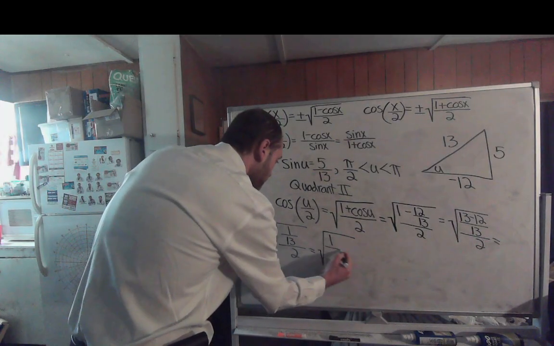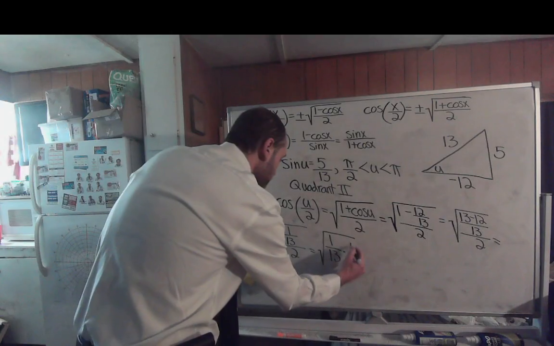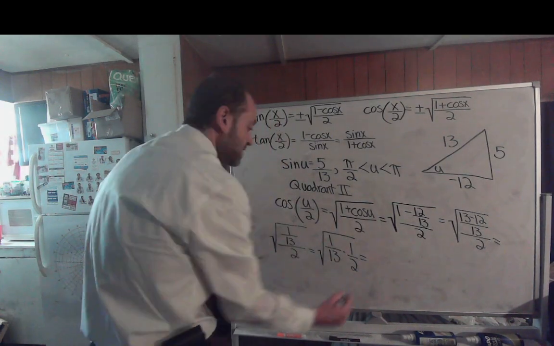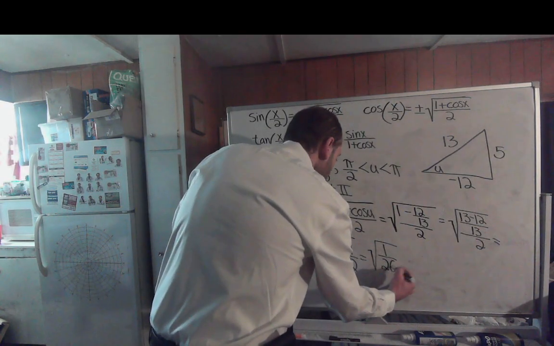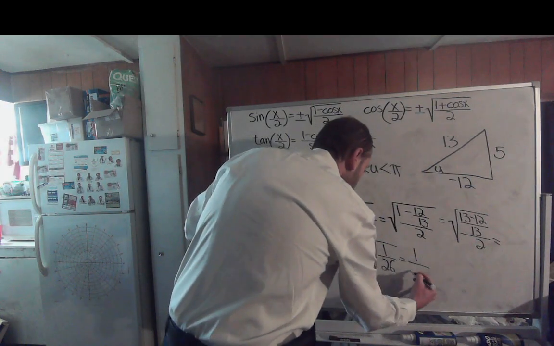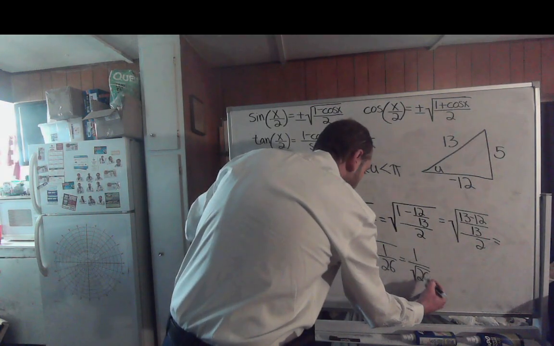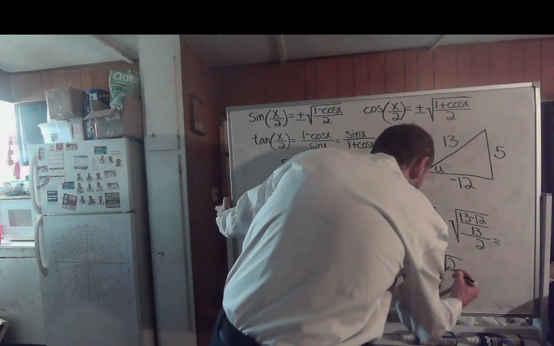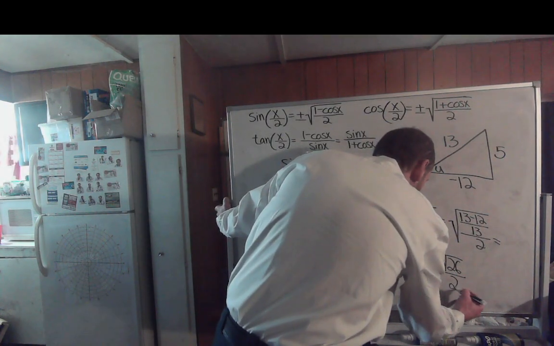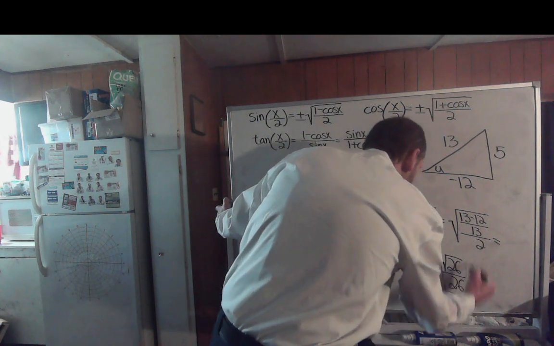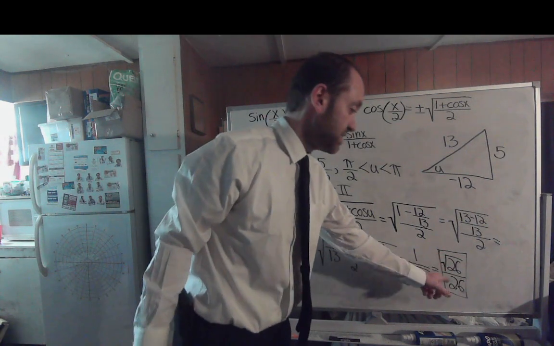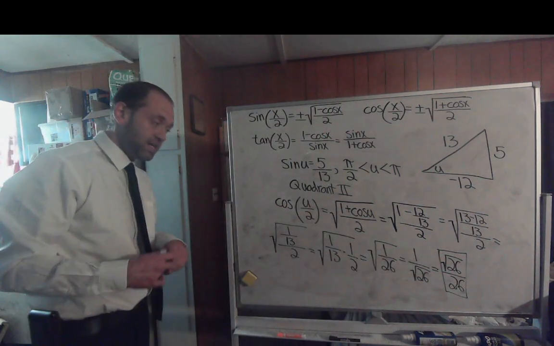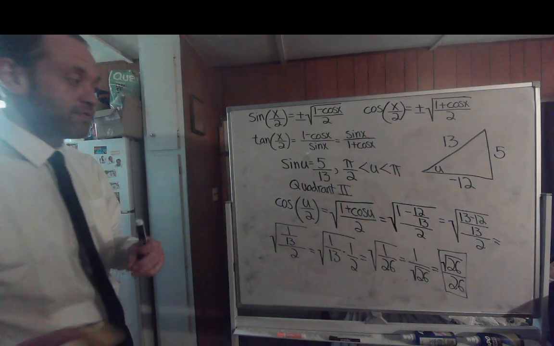You have the square root of 1 over 13 times 1 over 2. That gives you the square root of 1/26, which is 1 over the square root of 26, which when you rationalize the denominator gives you the square root of 26 divided by 26. So the cosine of u over 2 is equal to the square root of 26 over 26, which makes sense considering that's also a first quadrant angle.